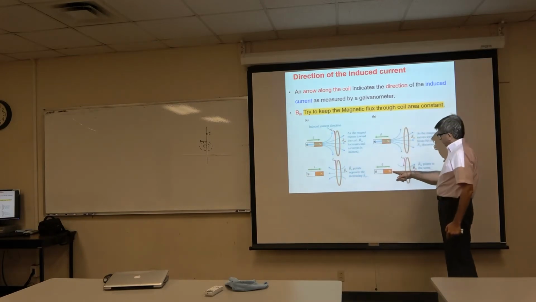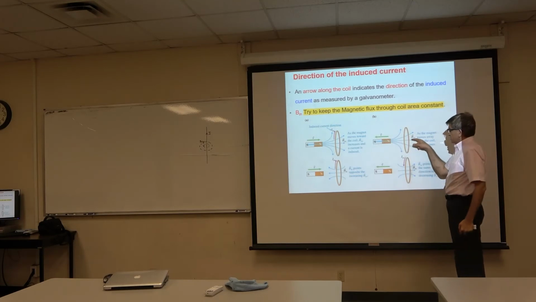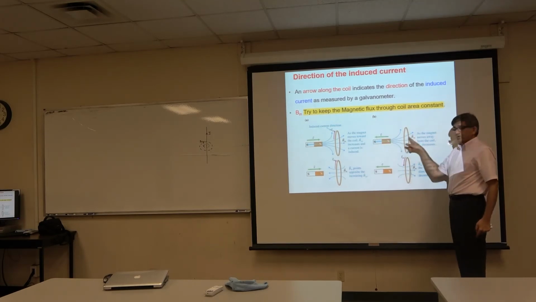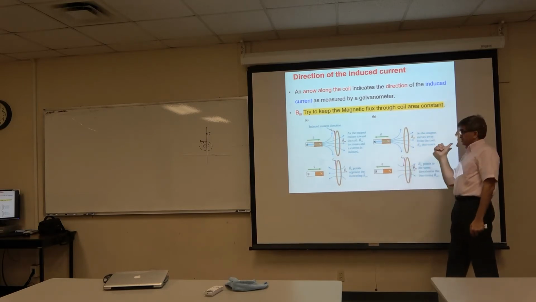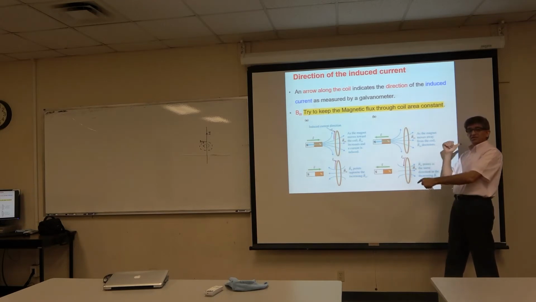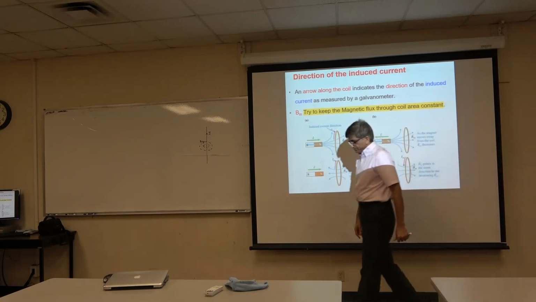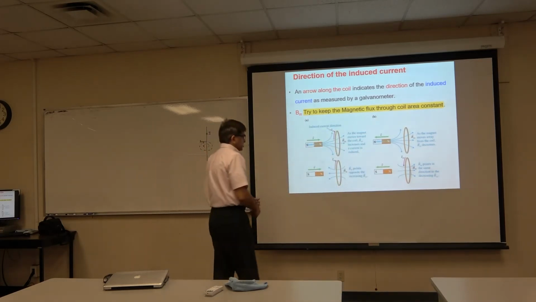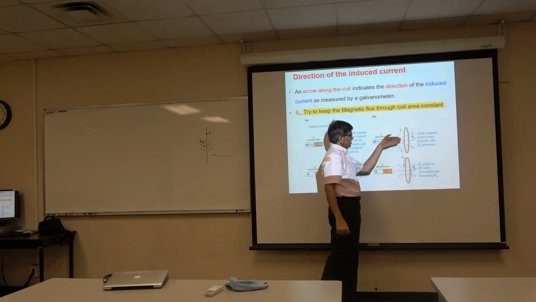Now here, when I am pulling this magnet out, as a result, I am decreasing the external magnetic field. So in order to compensate that, the induced magnetic field will go in the same direction as the external magnetic field.